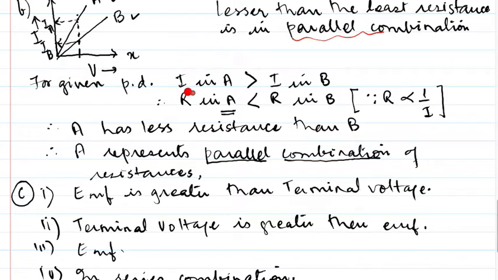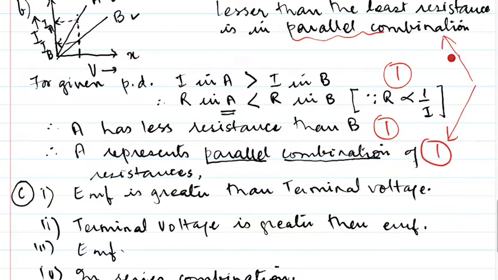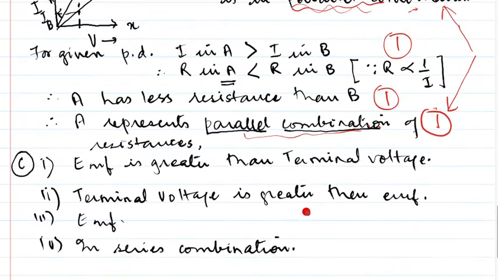And then for the given PD, the current is more, and the current is more in A and resistance is less in A. So that will be our first mark, and therefore we will say that A has less resistance, and therefore A represents parallel combination. This point over here and this point over here, these ones are connected. So if you've written this as well as this, then give yourself 1 mark. So this is going to give you 3 marks for your B.